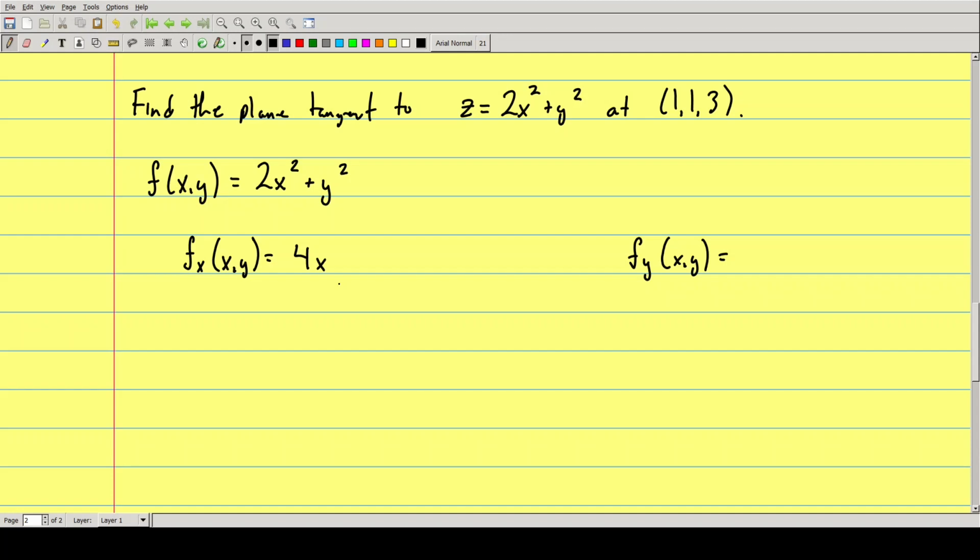And if I take the derivative with respect to y, I'm just going to get 2 times y. Okay. Next up, we plug in the x and y values for the point that we're interested in. 4 times 1 is 4. And 2 times 1 is 2. Okay. And of course, the 1 and 1 just come from the point where I want to compute the derivative.